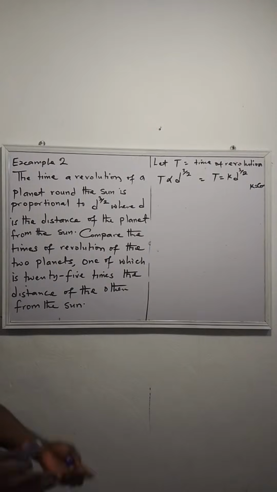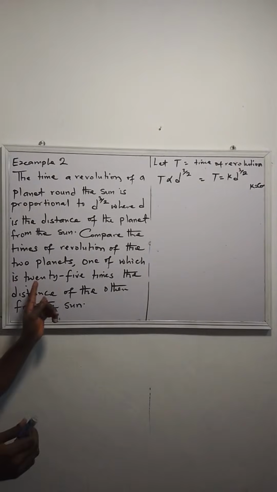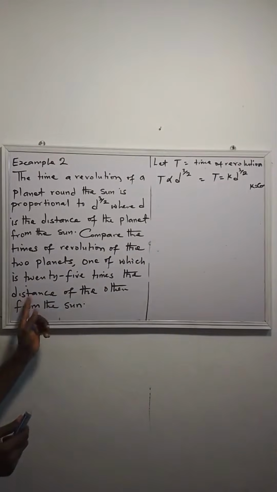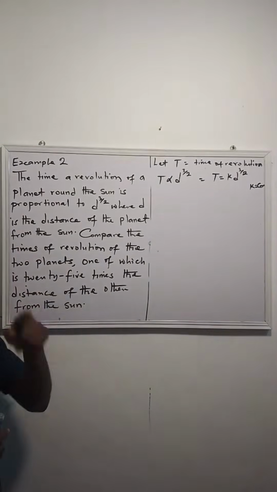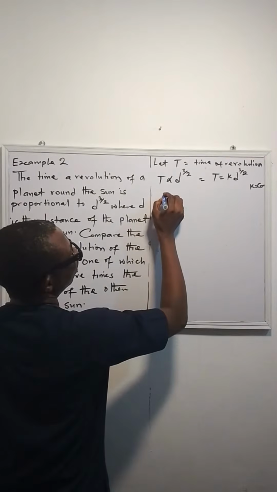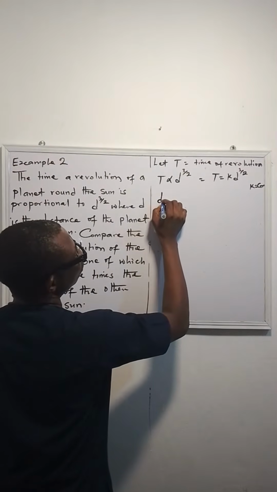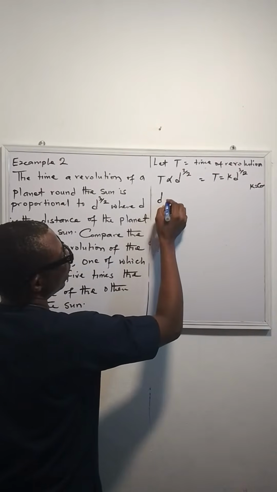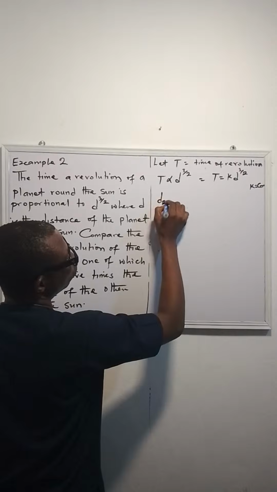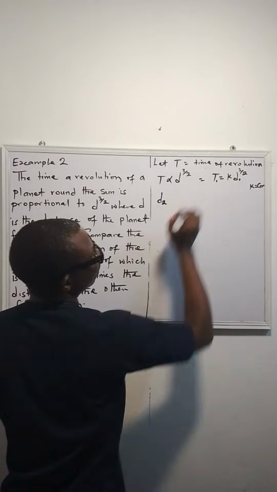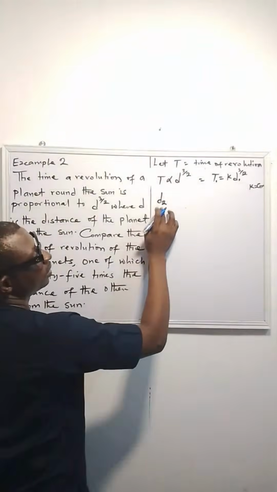Now the second planet, whose distance is 25 times that of the first one from the sun. So let's call its distance d2.